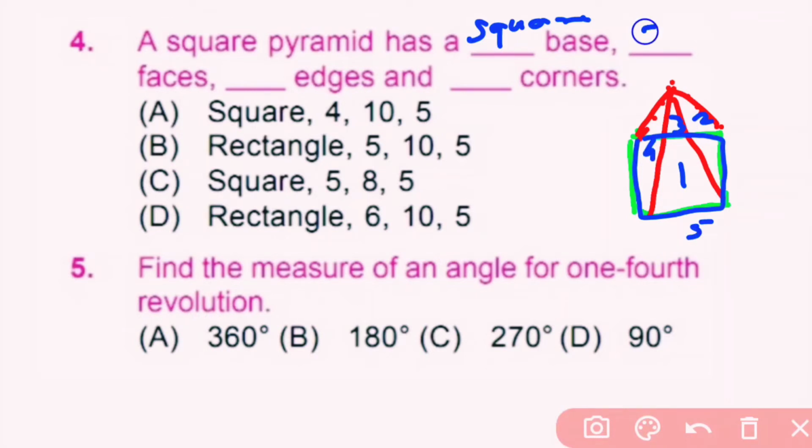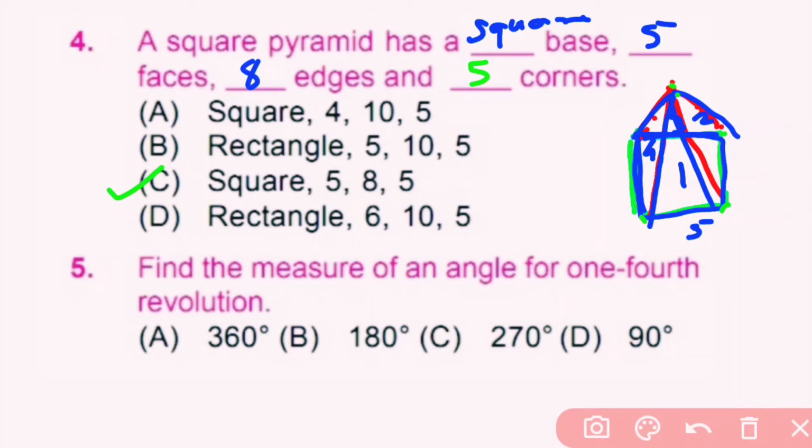So it has 5 faces. Edges: this 1, 2, 3, 4, 5, 6, 7, 8. So 8 edges. And corners: this point 1, 2, 3, 4, 5. 5 corners. So here C is the correct answer.